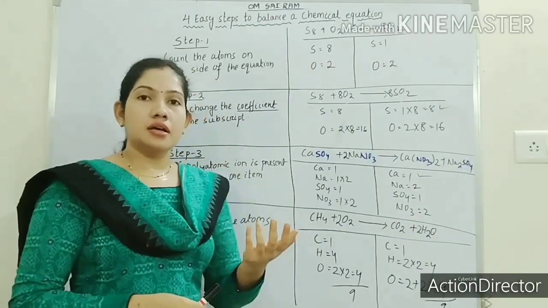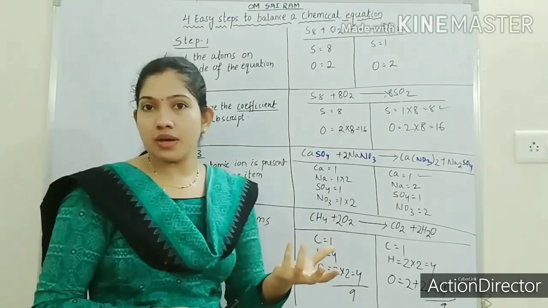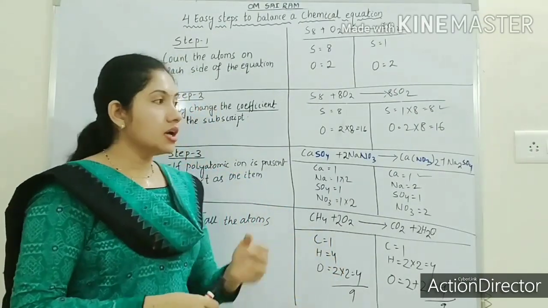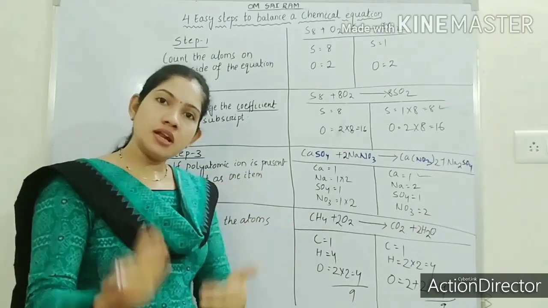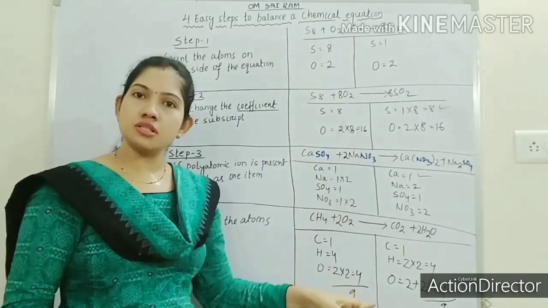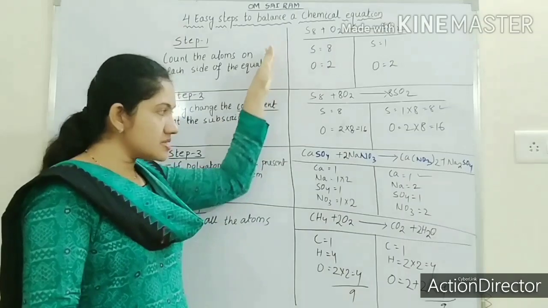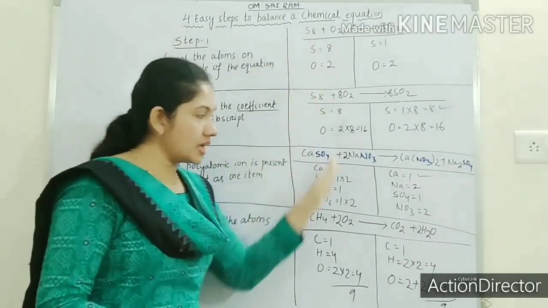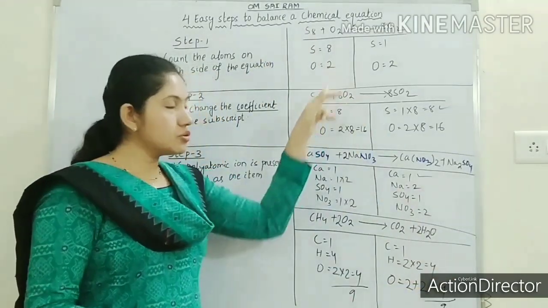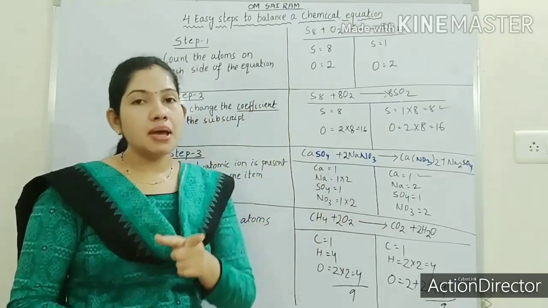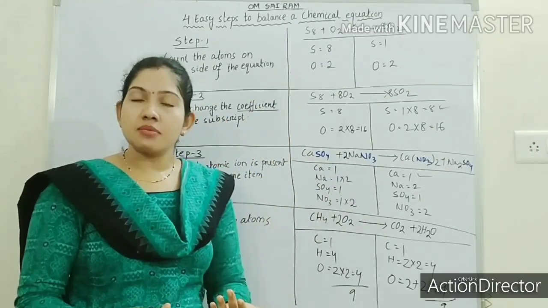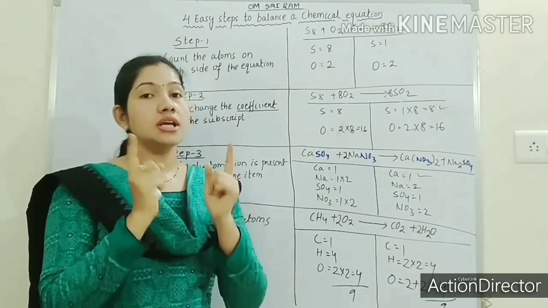So these are some of the easy steps you can follow as you are beginners. You are doing the balancing of chemical equations for the first time. When you solve the equation in rough, you can also follow the steps. Or by the side, when you are writing the answer, you just give a margin and you can follow the steps if you are getting confused. But remember, the more you practice chemical equations, the easier and faster it will be.